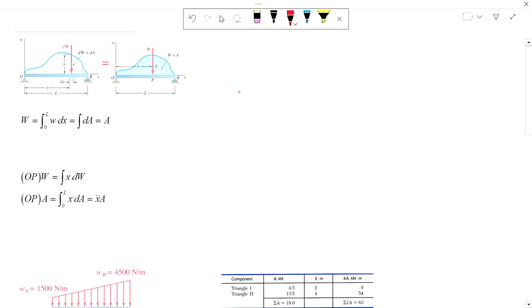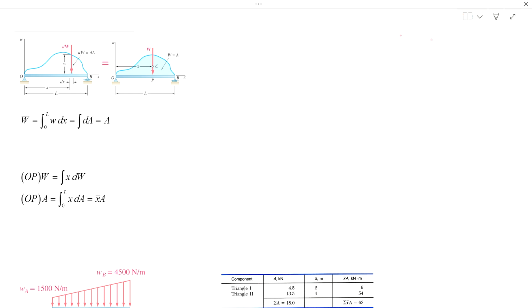Okay, so one of the main reasons why we want to know where the centroid, or the first moment of area, for a system is, is because sometimes we have distributed forces, right?